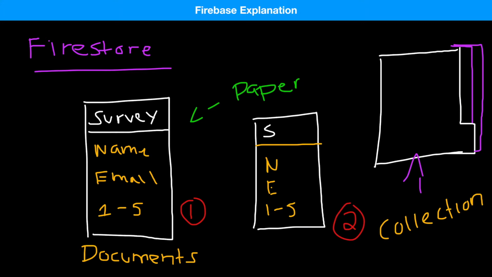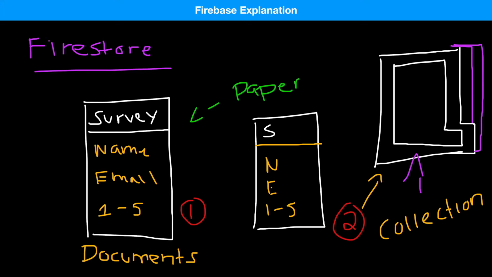Here's how it goes. You can have multiple documents inside a collection. So I have 2 here, which I am storing. But can I also have another folder inside a folder? Yes, I can. I can create another folder inside of this folder. Let's just say I have a group of surveys with the same result.